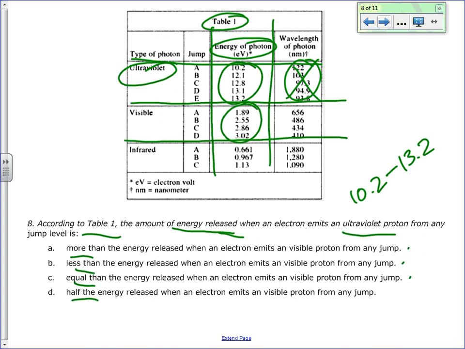What is the possible range of visible energies? 1.89 is the lowest. So what's the highest? 3.02. So is 10.2 to 13.2 always going to be more than, less than, equal to, or half of 1.89 to 3.02? Yeah, it's always going to be more.